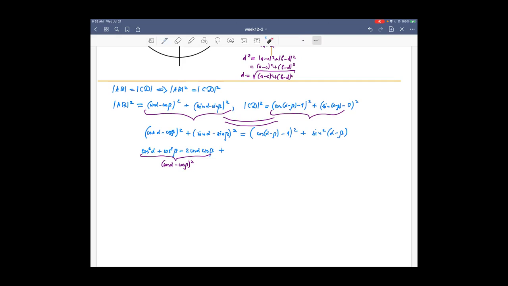Same with the second term, square of the first guy plus square of the second guy minus twice their product.